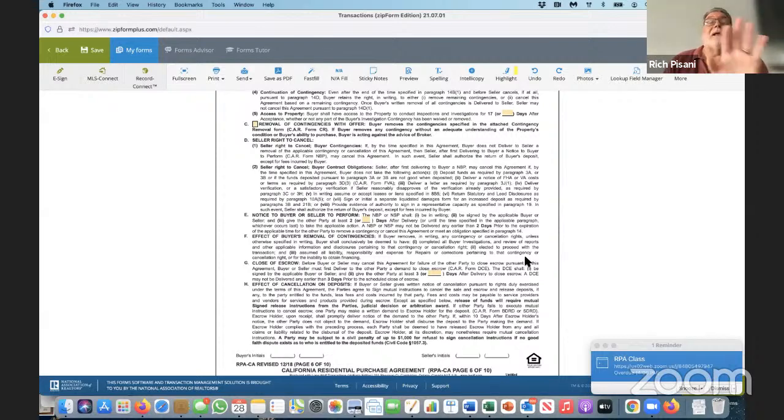Right. Good point, Mona. If you're working with a buyer, make sure that they know not to go and make these big purchases while they're in escrow, because lenders check on that stuff. They do one last check prior to approving the loan.